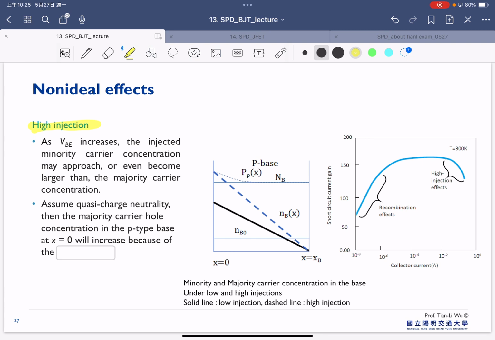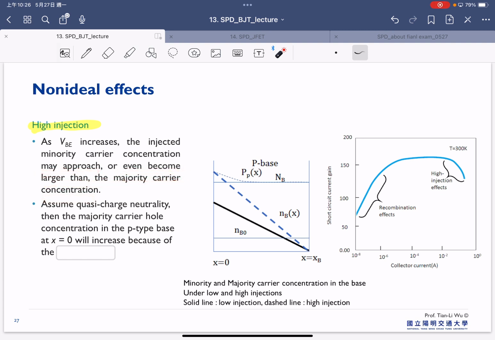That means your excess minority carrier concentration will not exceed the background doping, will not exceed the background majority carrier concentration here. However, there's a possibility that our minority carrier concentration becomes larger. So once we increase our base emitter voltage, the injected minority carrier concentration might approach or even become larger than the majority carrier concentration here.